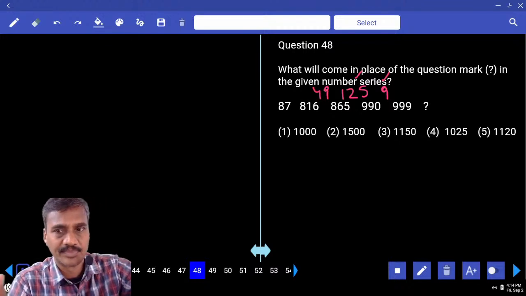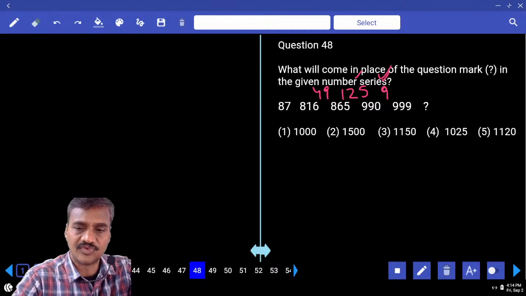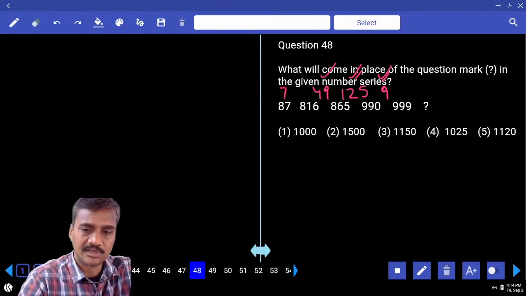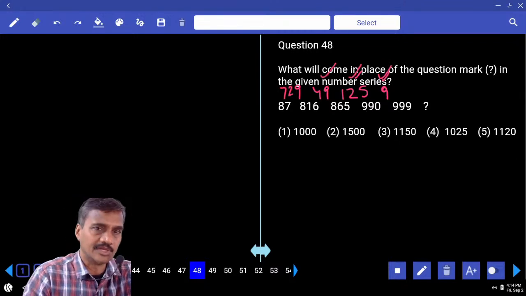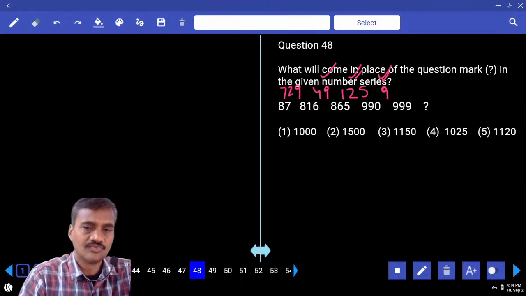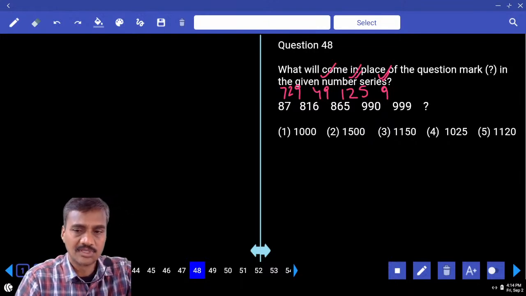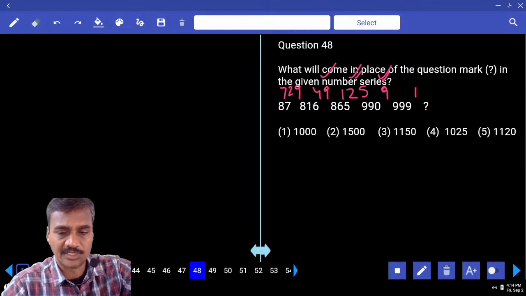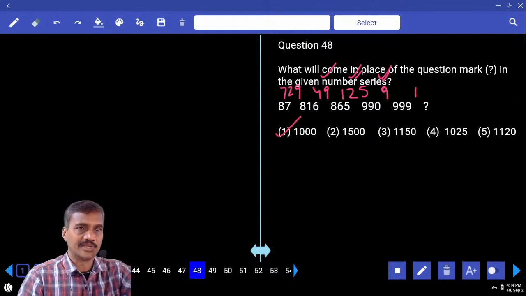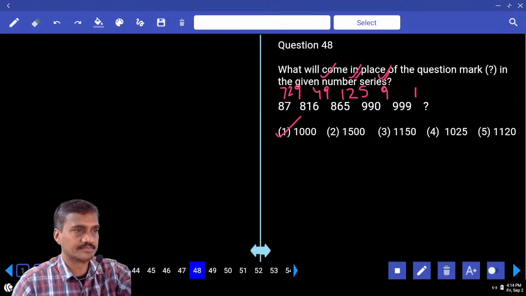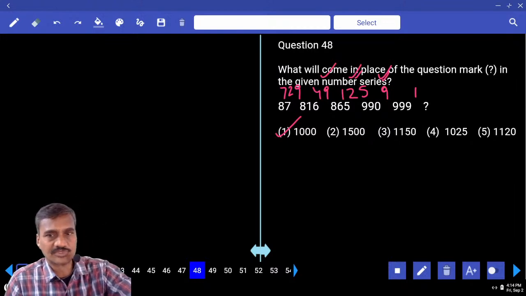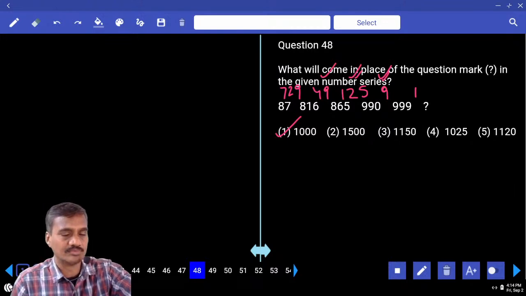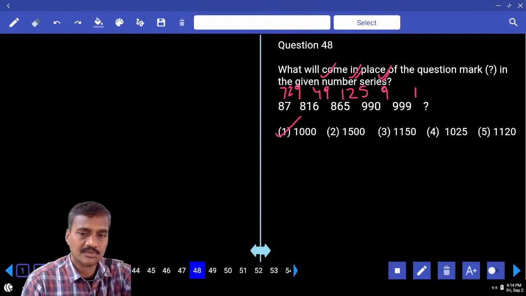And there now 3, 5, 7, 9. 9 cube is 729. 9 cube, 7 square, 5 cube, 3 square, and 1 cube. And so what is the difference we have? 999 plus 1000, choice 1. 9 cube, 7 square, 5 cube, 3 square, 1 cube are added.